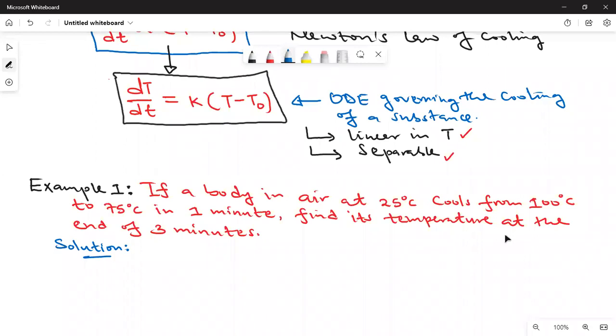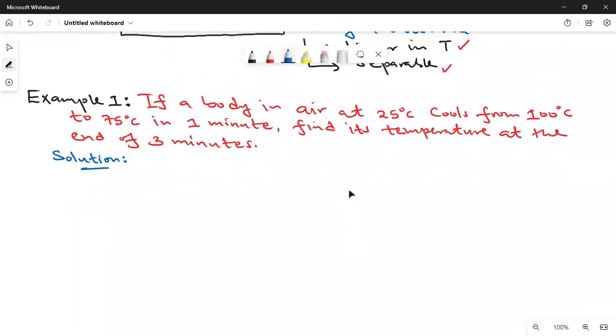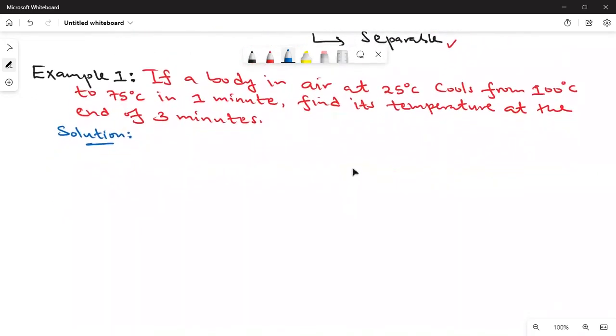In example 1, we are told that a body in air at 25 degrees centigrade cools from 100 degrees centigrade to 75 degrees centigrade in 1 minute. Find its temperature at the end of 3 minutes. So let's analyze this problem and then try to work it out.